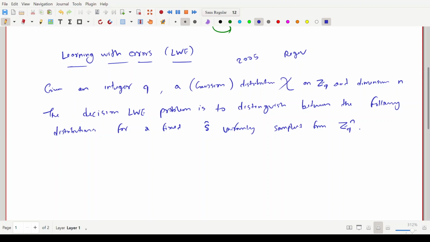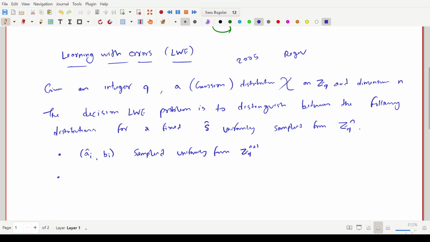There are two distributions, you have to distinguish between them. The first one: take some ai and some bi, sampled uniformly from Zq^(n+1). The ai has n coordinates, and this bi is 1, so in total it will be from n plus 1.